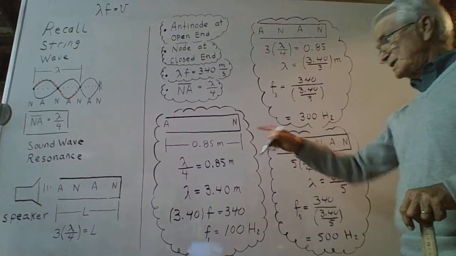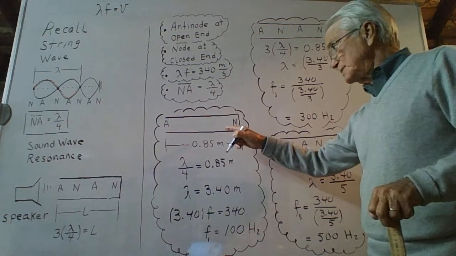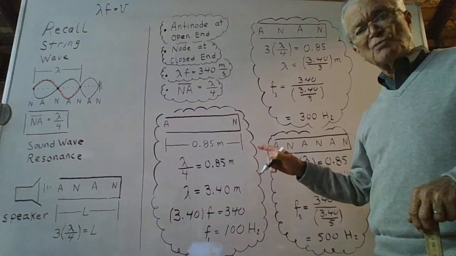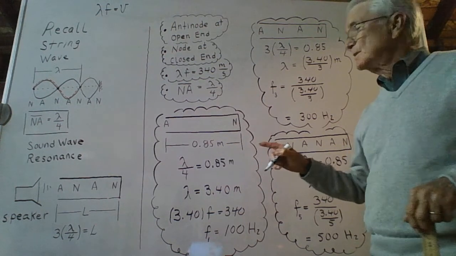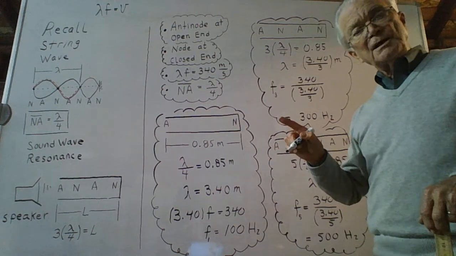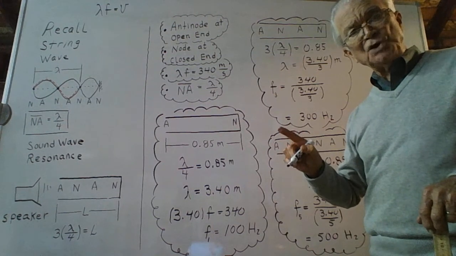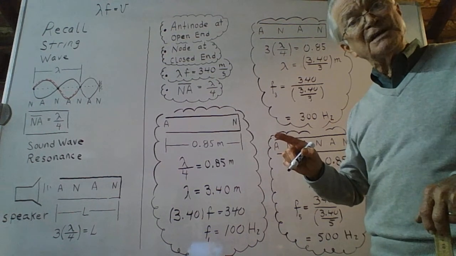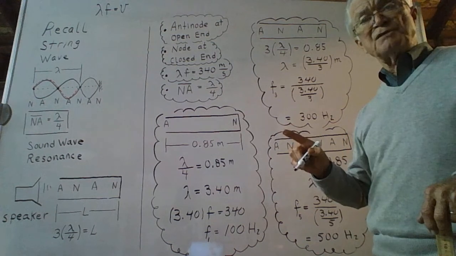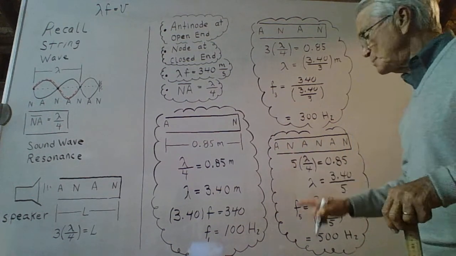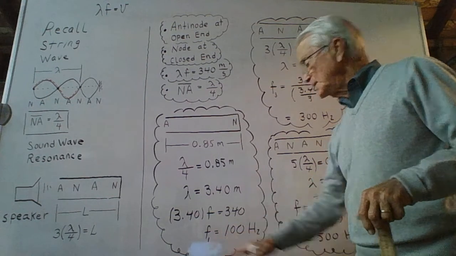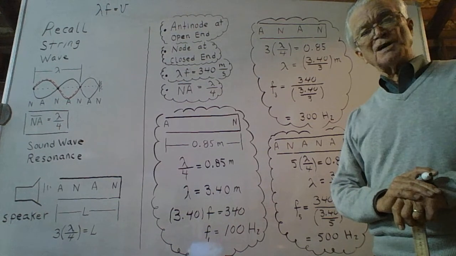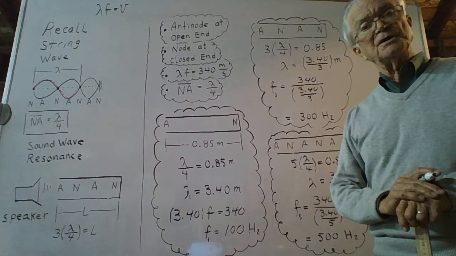To summarize what we've seen here for the tube in question, all of the frequencies that will cause a resonance, a loud sound, are odd integer multiples of the lowest. Odd integer, 1, 3, 5, 7, 9, 11, 13. Odd integer multiples of the smallest frequency, which is the fundamental frequency, F1. So there's F1, F3, F5, F7, F9. All of them are the odd integer multiples of 100.